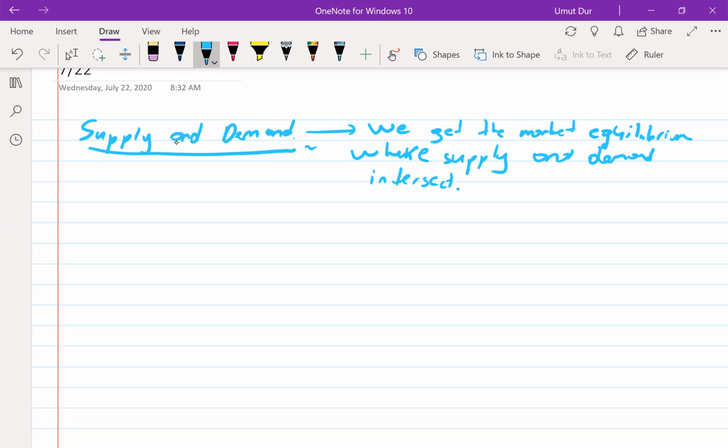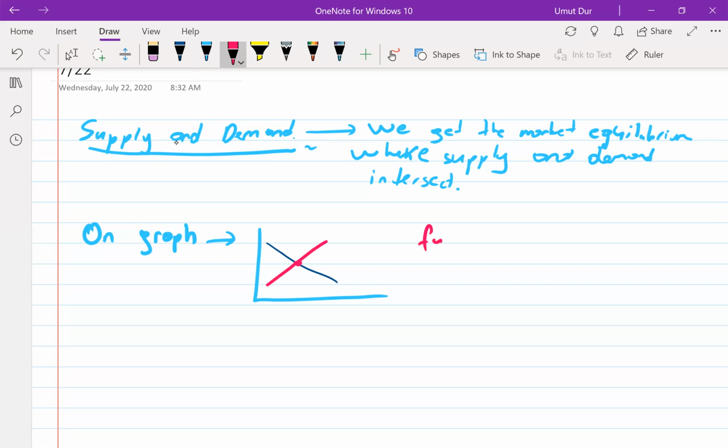Okay, so we can work either on a graph. For the graph, we have this demand curve and this supply curve, and we are looking for the intersection, or we can use the demand function and the supply function.